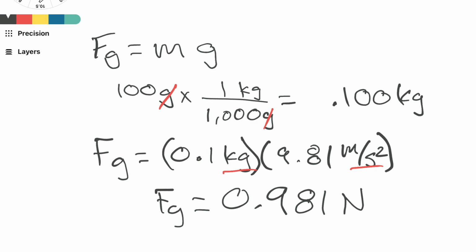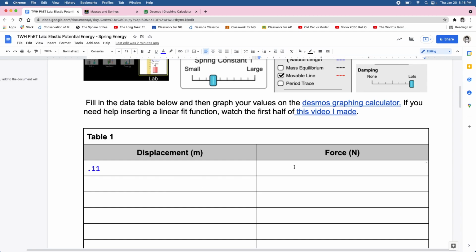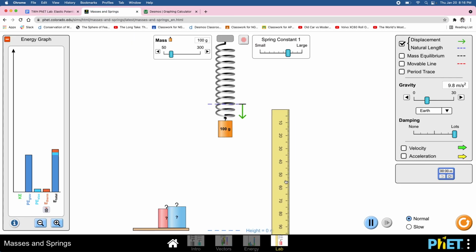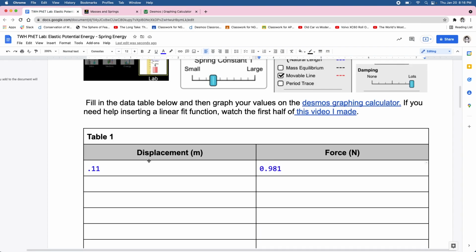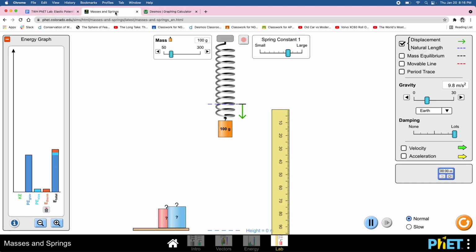All right, and so on my table, 0.981 newtons. So when I exert a force of 0.981 newtons on the spring, it displaces the spring 11 centimeters or 0.11 meters.